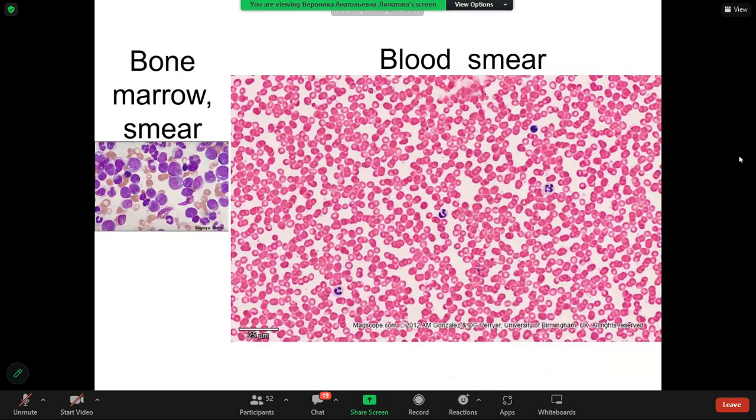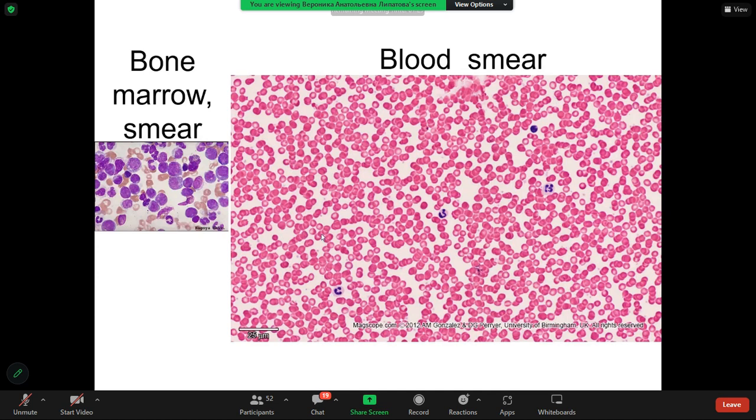I told you before that we can see two kinds of slides with bone marrow. The first is a section, the second is smear. If we compare this with it, I try to give you the same erythrocytes in diameter, you see, the same. But what's the difference?